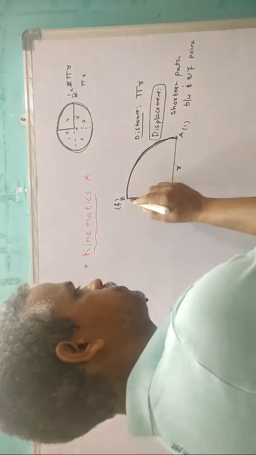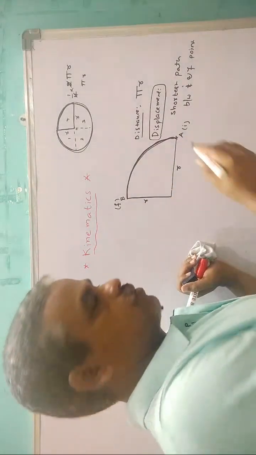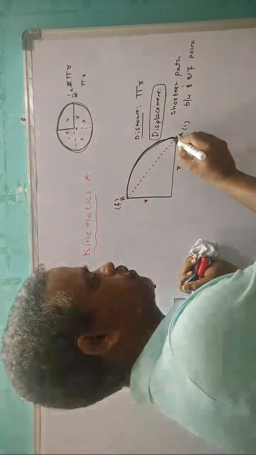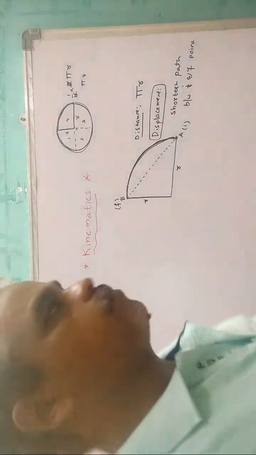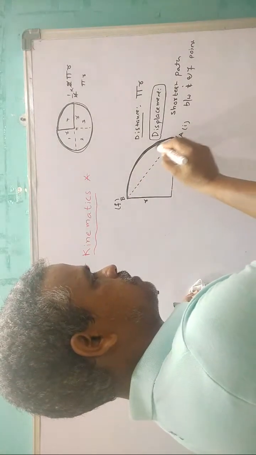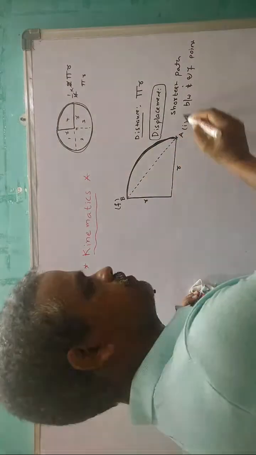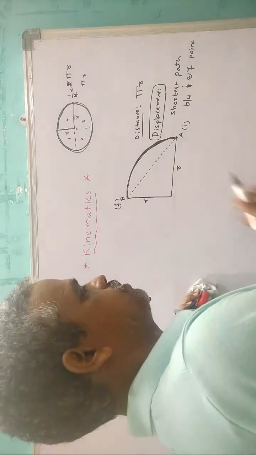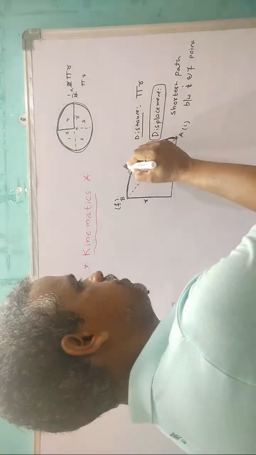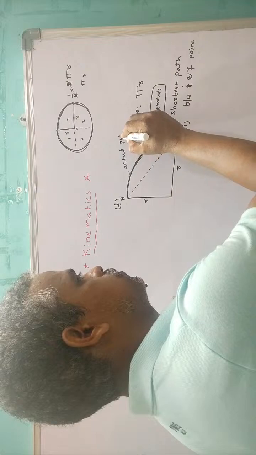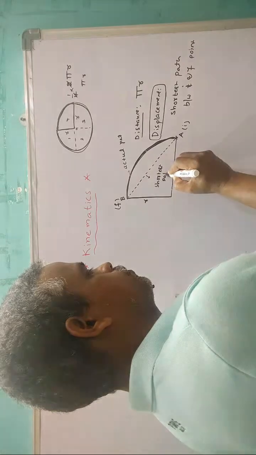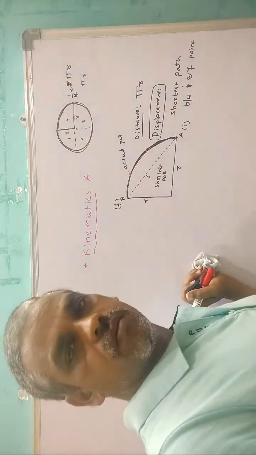So you just go from here to here. This is the actual path; he traveled along this path only, but we are calculating displacement. This is not the actual path, this is the shortest path.